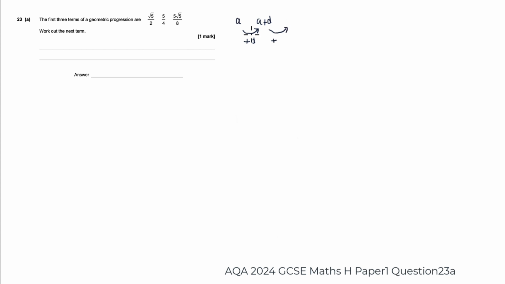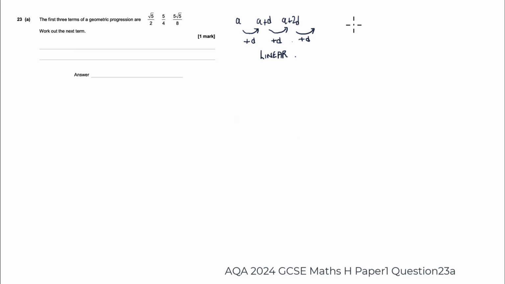So if I'm adding d to a, I'll get a plus d. I add d again, I'll get a plus 2d. And so it goes on. Every time I add the same amount. So that's a linear sequence, sometimes called an arithmetic sequence or arithmetic progression.